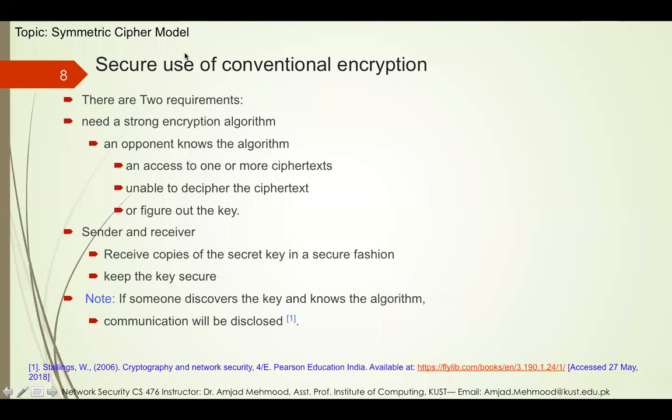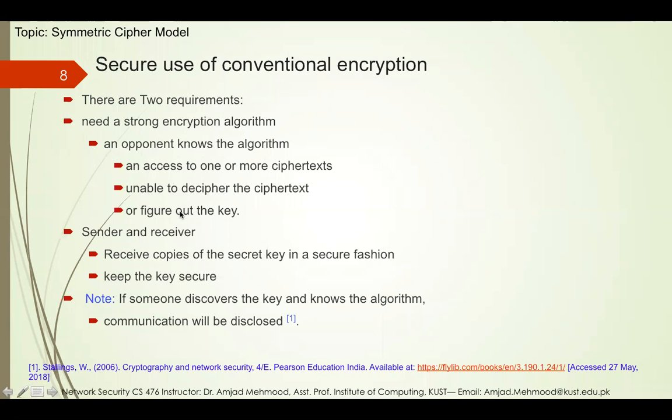So, secure use of conventional encryption. There are two requirements. You need an encryption algorithm such that even if an opponent or intruder knows that algorithm, and can access one or more ciphertexts as well, he is still not able to decipher your text.